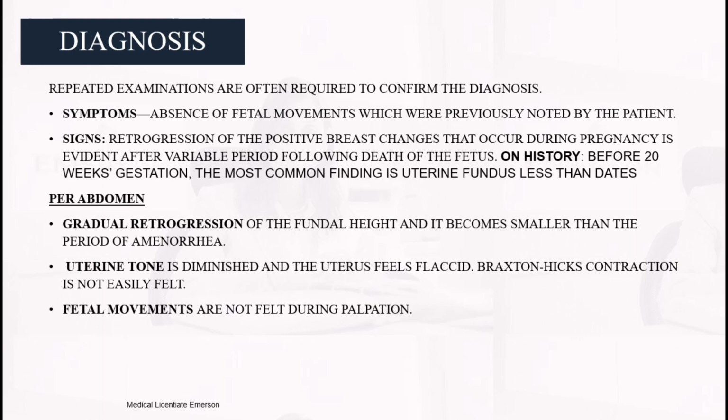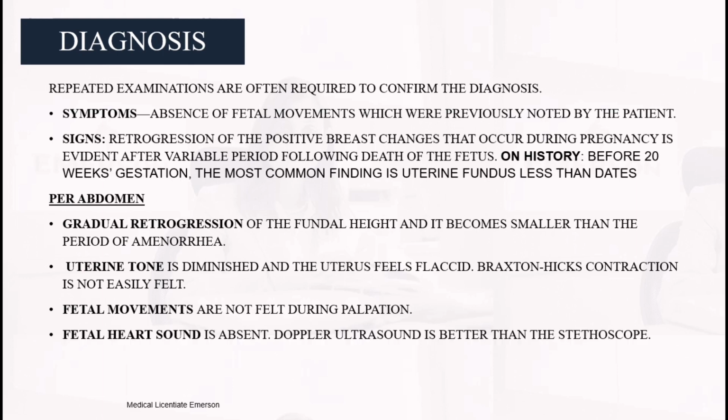Fetal movements are not felt during palpation. Fetal heart sounds are absent, and Doppler ultrasound is better than the stethoscope. After putting a stethoscope, you won't feel anything, but the Doppler ultrasound will be better.